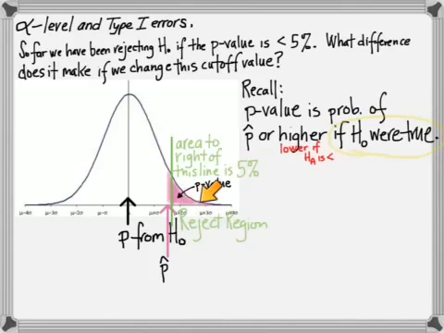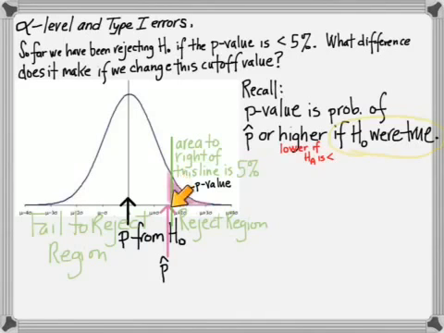If p-hat lands out here when I draw my sample, I will reject the null hypothesis. And likewise, if p-hat lands over here, then I will fail to reject the null hypothesis. Then my p-value will not be less than 5%. And in fact, the one in my example that I drew with this pink here, it looks like I would fail to reject because the area here is slightly more than the 5%, which is to the right of the green line.